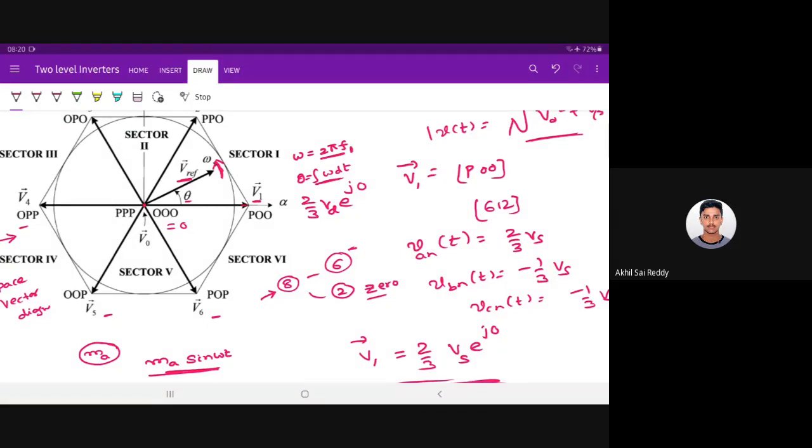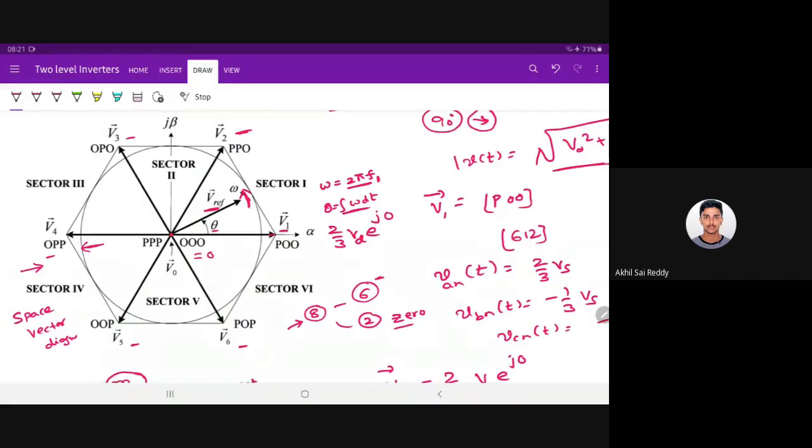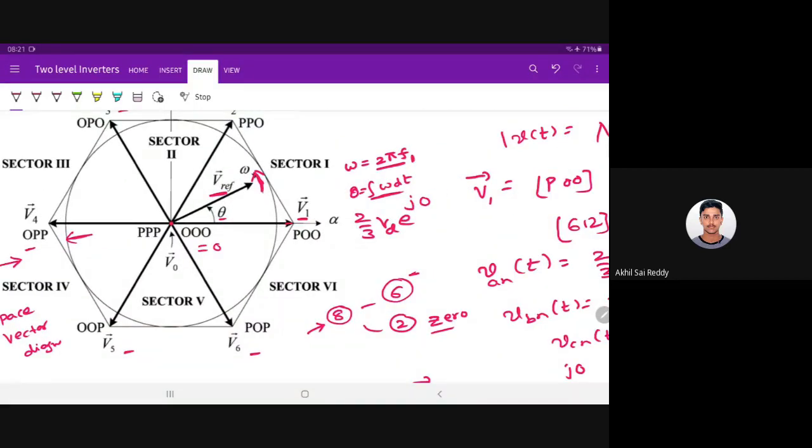So by changing the magnitude and the speed of this V reference vector, we can control both the magnitude and the frequency. After that, we inscribed one circle inside this hexagon. So what is the radius of that circle?